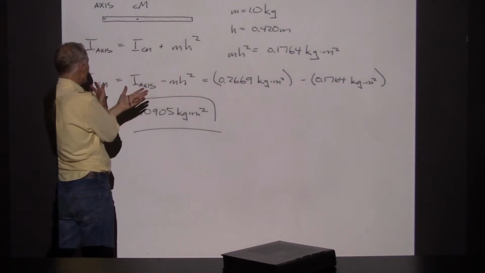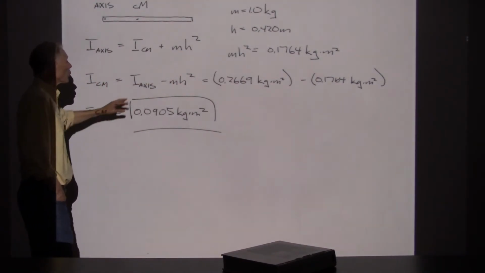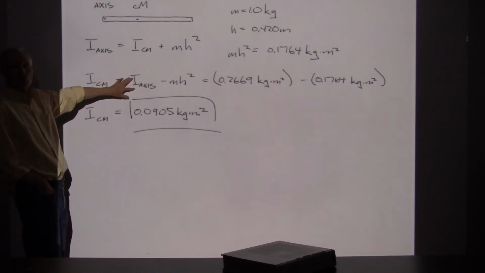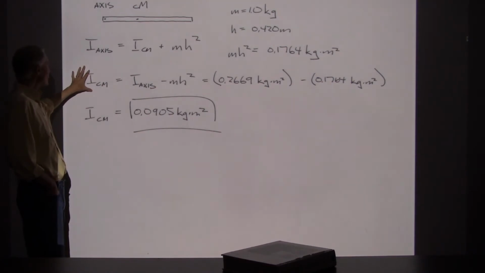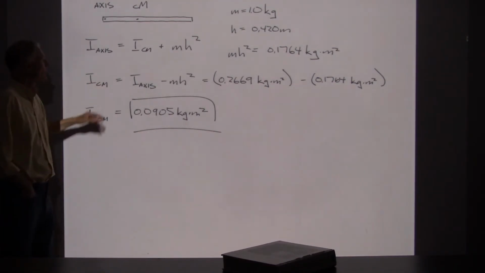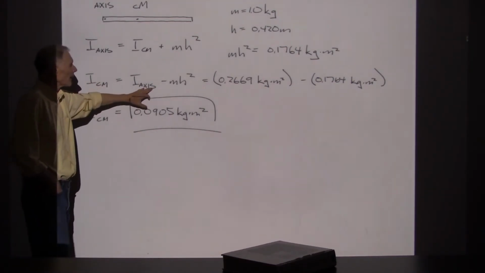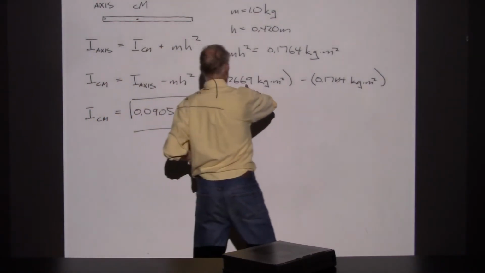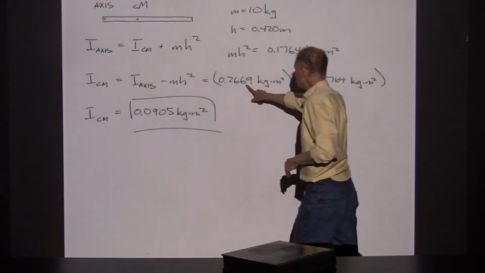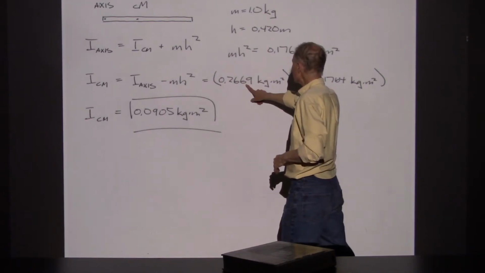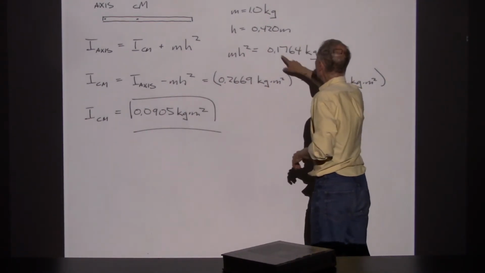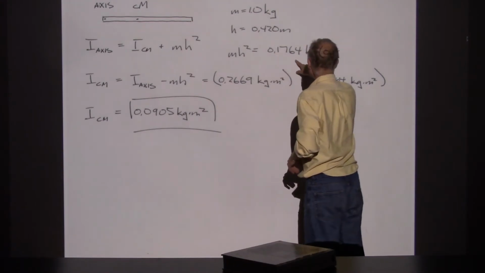Now let's flip the equation around because we have measured the rotational inertia around the axis. So let's calculate the rotational inertia around the center of mass. And that's going to come by taking this rotational inertia around the axis, 0.669 kilograms meters squared, and subtracting off mh squared.